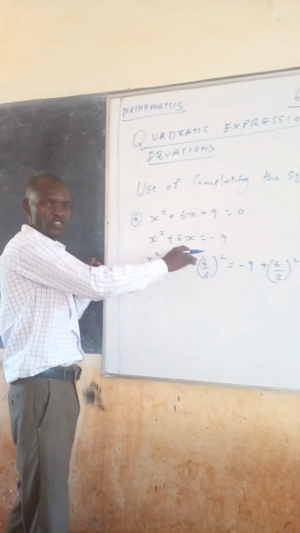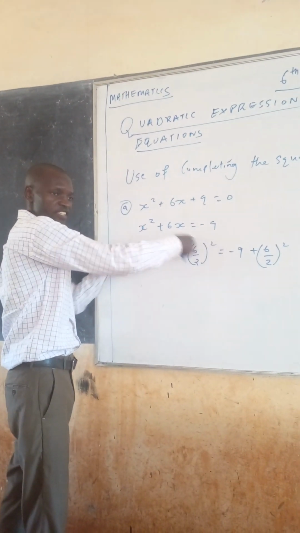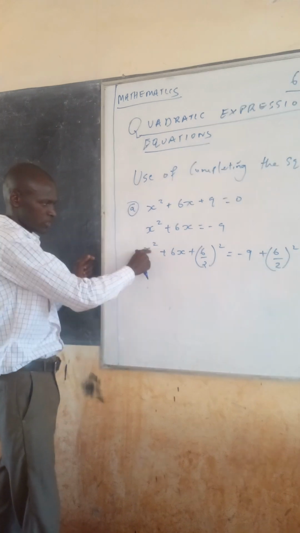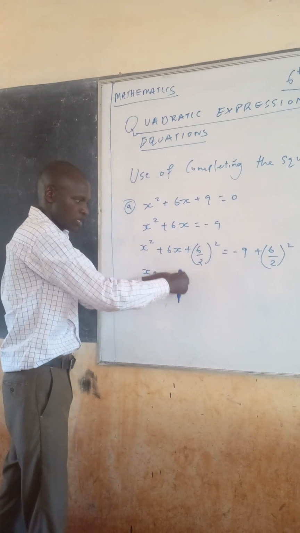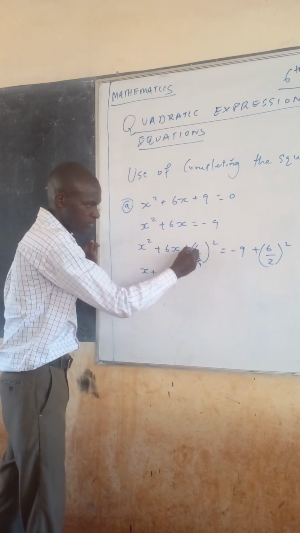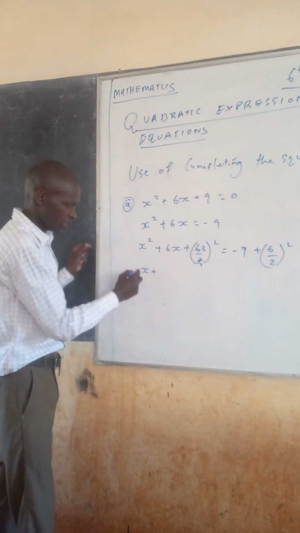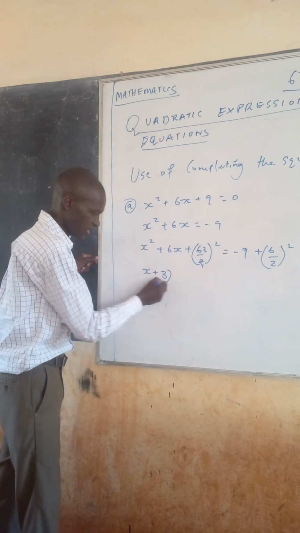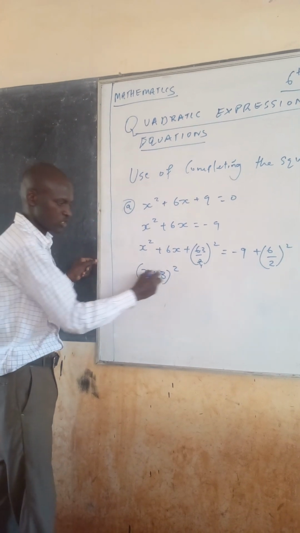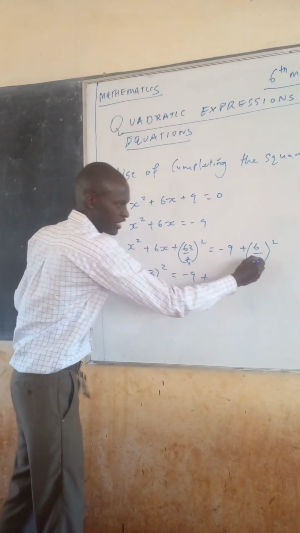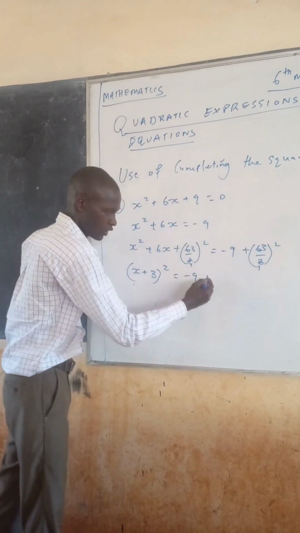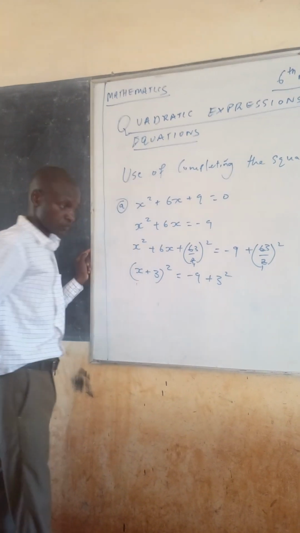Once you have done this, we now factor the whole of it. This one will be x plus, then we pick this one: 1, and this one becomes 3. So at the end of the day, you have x plus 3, squared, which is the same as negative 9 plus 3 squared.